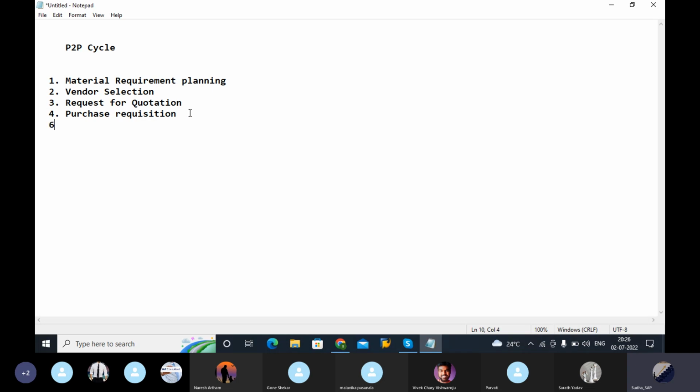After the purchase requisition, the purchase order will take place. It's a very important step. Once the purchase order is created, the purchasing department initiates the procurement process. The purchasing department gives the purchase order to the vendor.